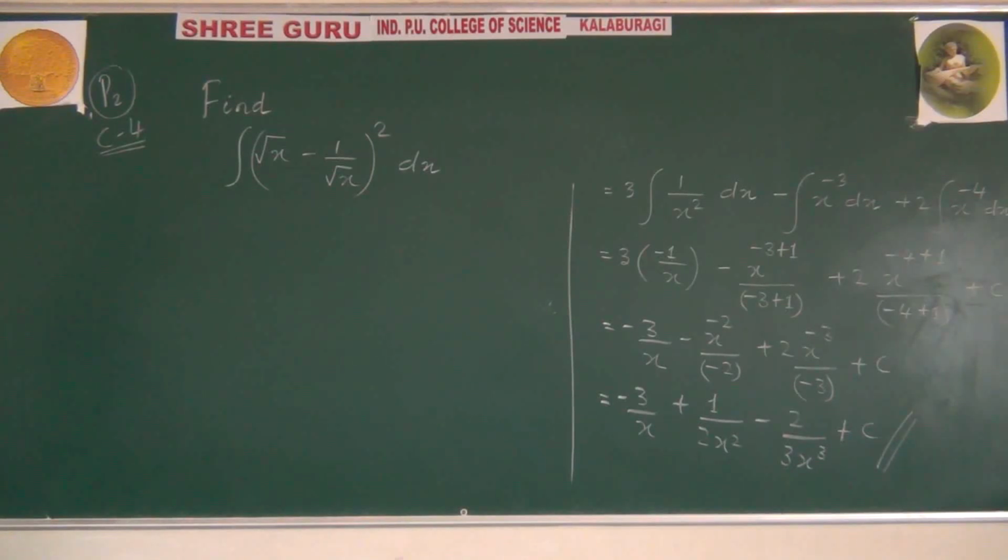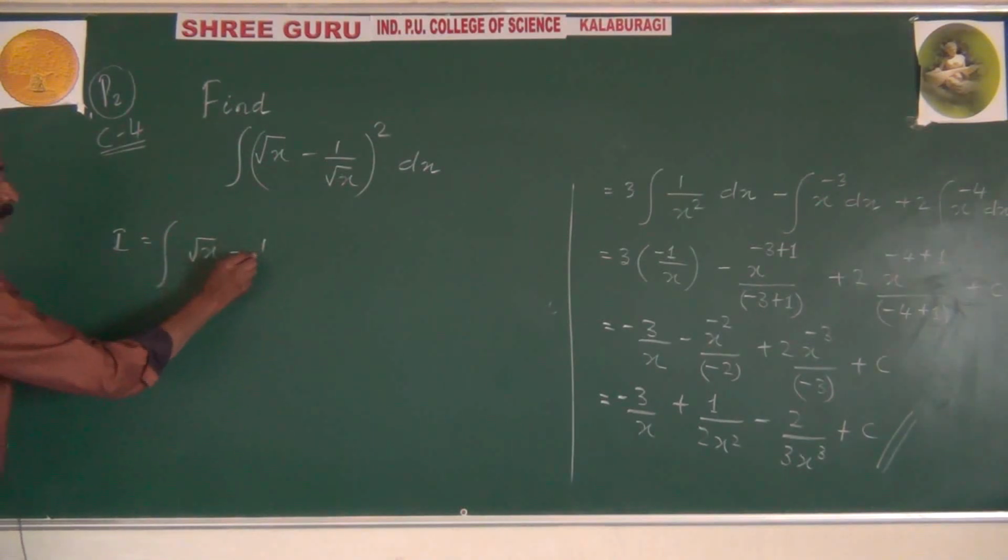First step, take I. Let I equal to integration of (root x minus 1 by root x) whole square.